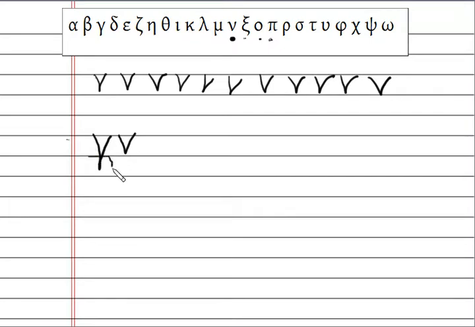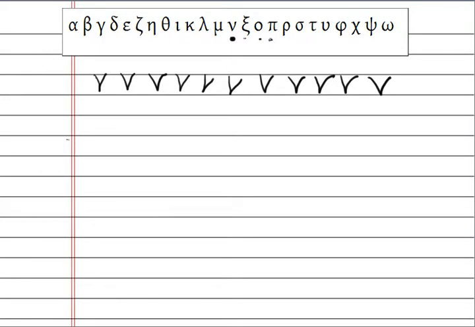That tail, if you will, below the line distinguishes the nu and the gamma. The gamma has the tail below the line, as you see right here, and the nu does not.